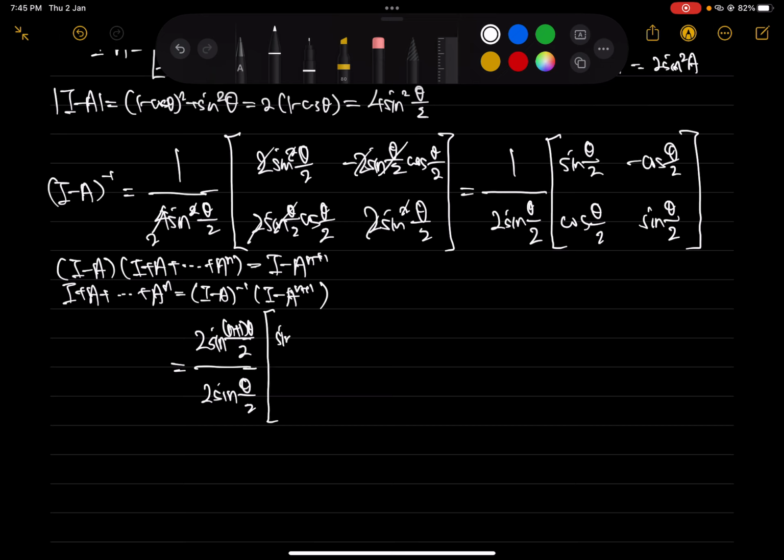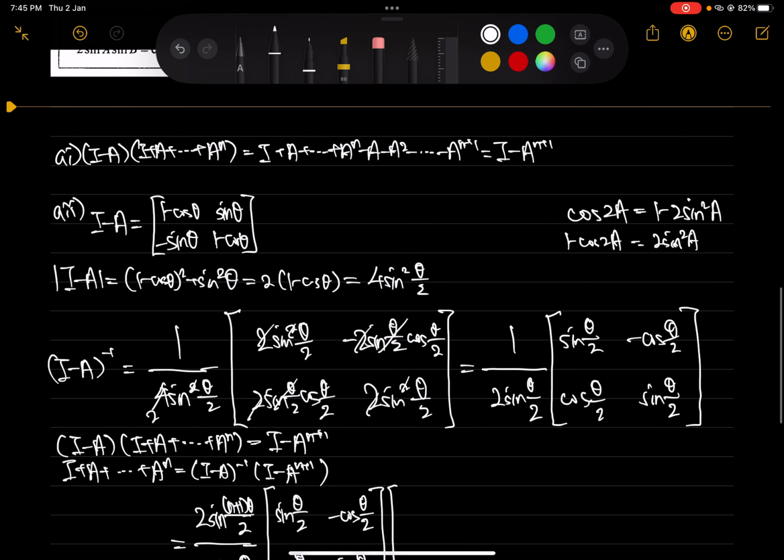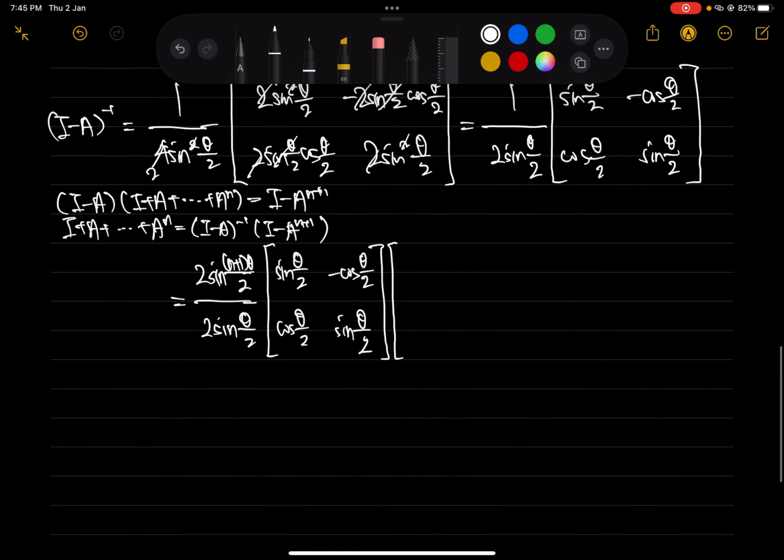Obviously, we have this matrix, and then we have the other matrix, and now we're just using identities.